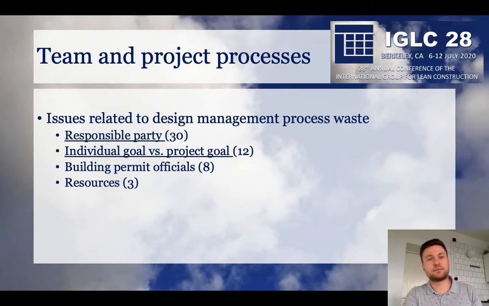And third, by observing the team and project processes, we saw that the predominant problems were found in determining the responsible party and individual versus the project goals, which means that the process structure wasn't always clear about who is responsible for doing certain things.